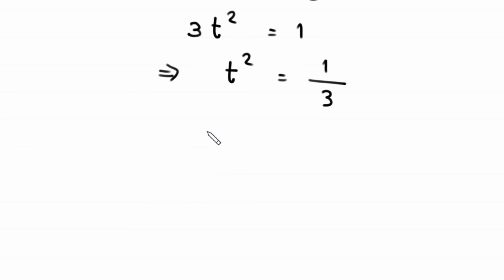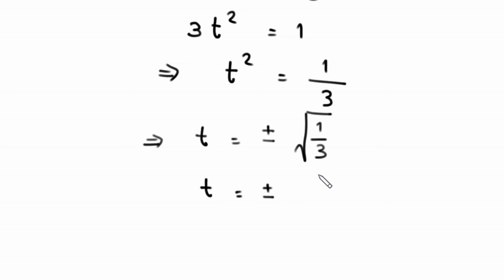Now if we take a square root of both sides, this implies that t is equal to plus minus root of 1 over 3, and this is same as t is equal to plus minus root 1, which is 1, divided by root 3.